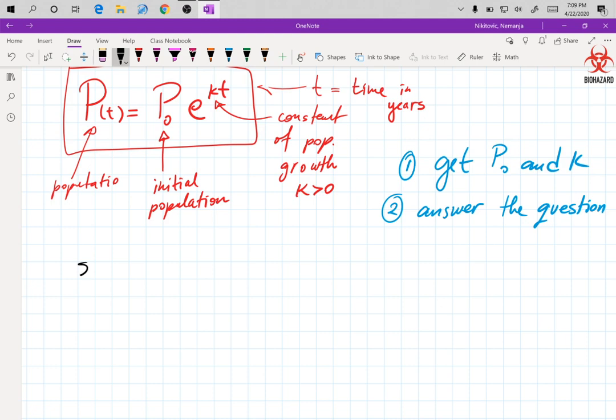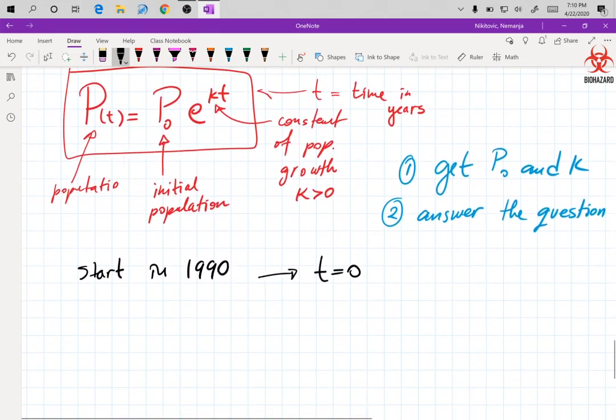I am going to start in 1990 like nothing existed before. I'm going to set t equals 0 in 1990. All right? So, as far as this problem is concerned, that's the Big Bang, right? The population clock starts in 1990, and that's why the value that is given, 5.28, is going to be our P0.